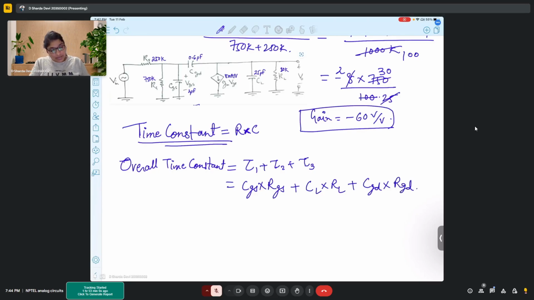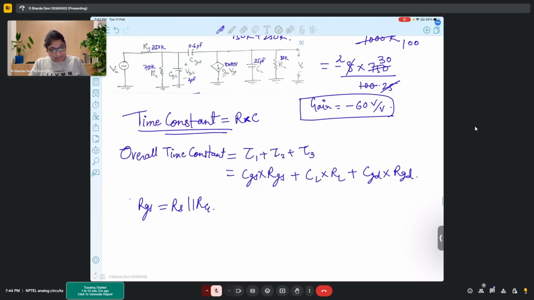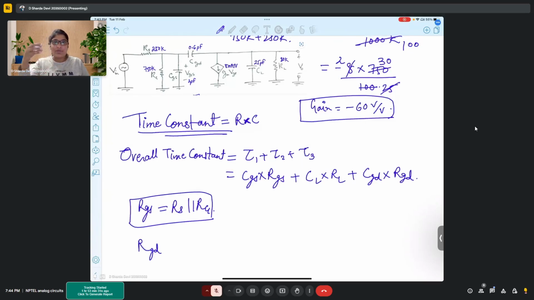So what is RGS? If you look from the gate side, what is the resistance that you observe for your circuit? It is actually equal to RS parallel to RG. And when we talk about RGD, it is actually the resistance observed between the two ports.